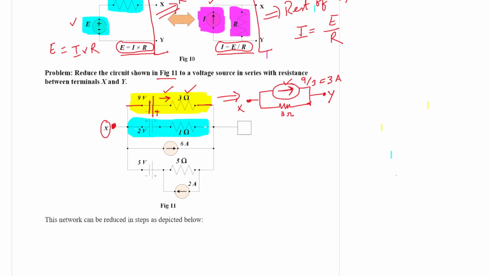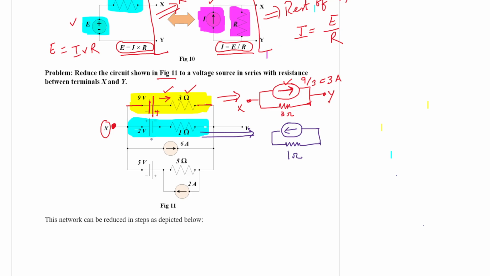This 2 volt source in series with 1 ohm can be converted to a current source in parallel with the 1 ohm resistor.